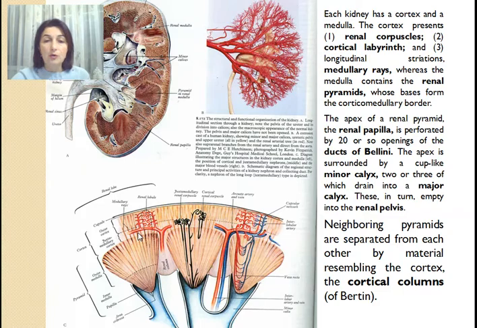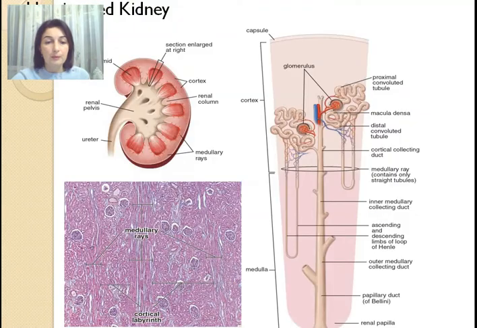And inside of the center of the medullary ray, we have a collecting tubule, as we see here. That is a collecting tubule in the histological slide, which is stained by hematoxylin and eosin. So all of the surrounding nephrons open via their distal tubules into that particular collecting tubule.